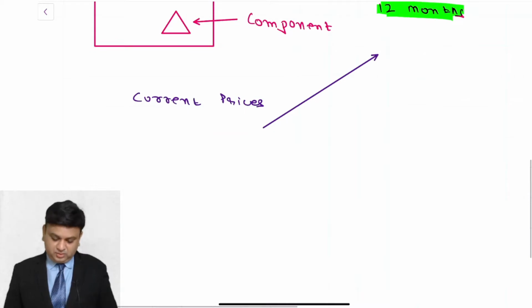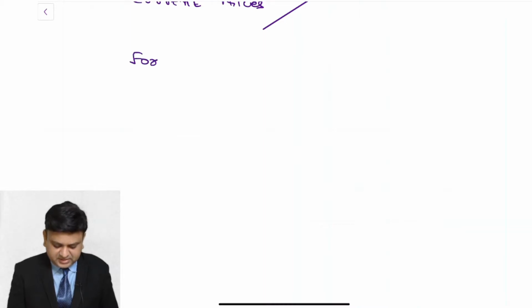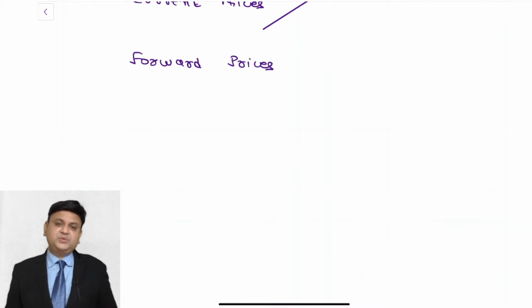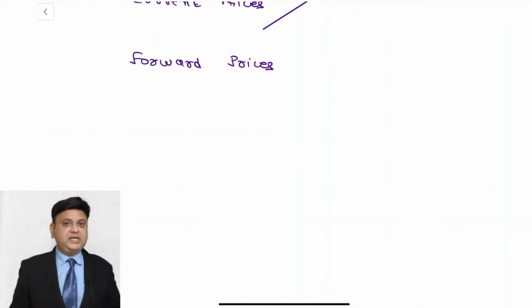So what I can do, listen carefully, is review the forward prices which are prevailing in the market for copper, and taking those prices into account, I can submit the quotation.